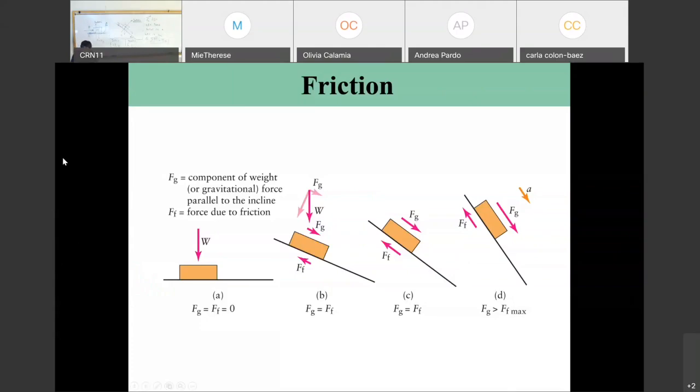We see Fg or mg is the gravitational force, the force of gravity, the weight. As you can see here with the plane, it's basically what I did on the board. The weight is broken into components. We'll do one so you can see, because you have to use cosine and sine for this, all right? But I think it will be very interesting.